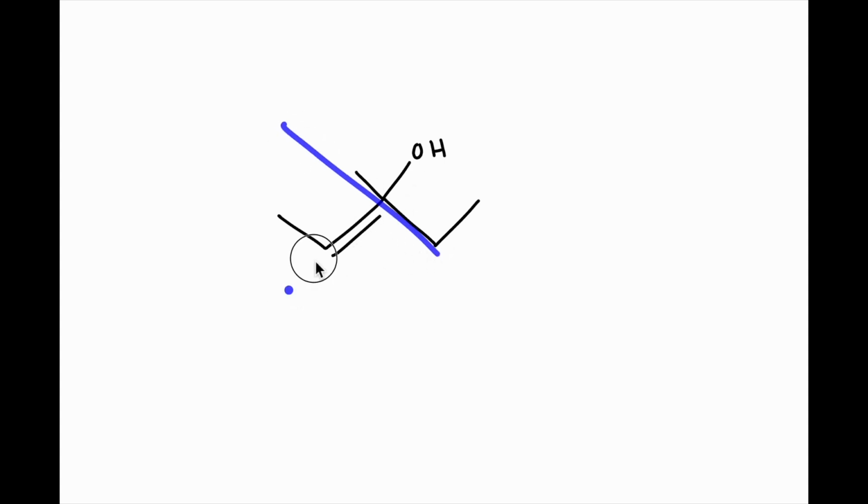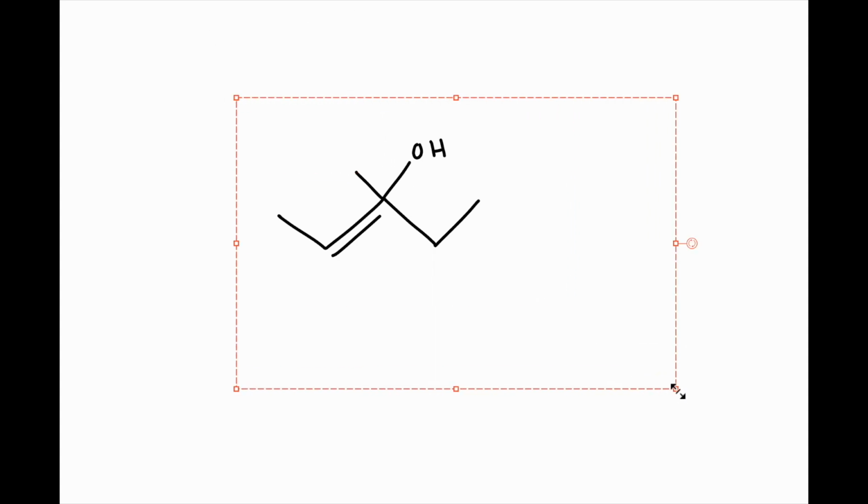So this is actually a wrong bond line drawing. This wouldn't even exist, because this has 1, 2, 3, 4, 5 bonds. So always be sure to count your bonds, and eventually with enough practice you'll just be able to recognize when something has 5 bonds.